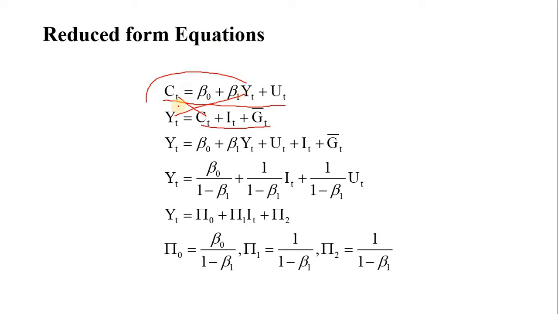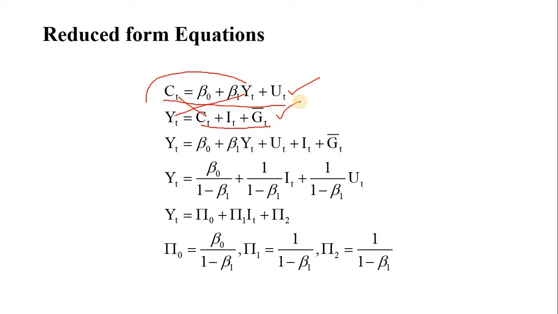Okay, then Yt, which is a dependent variable in the second equation, is coming as an independent variable in the first equation. This is what is called joint determination. Okay, yes. So what do we have to do? Okay, so this equation alone is structural equation 1. This is structural equation 2.